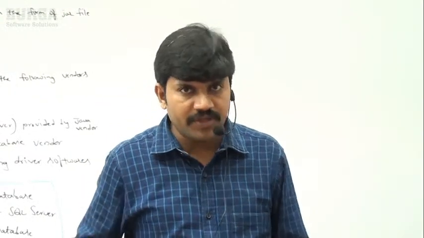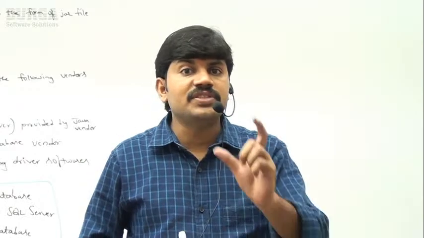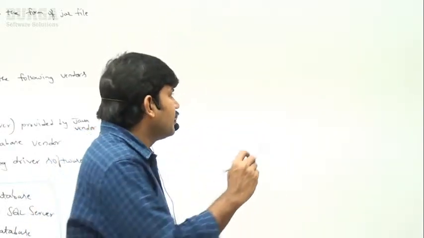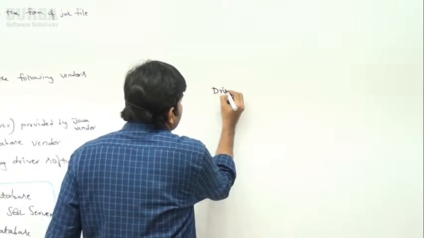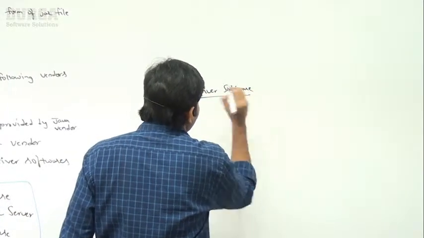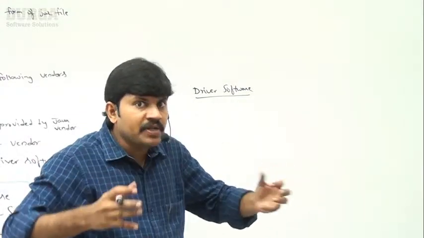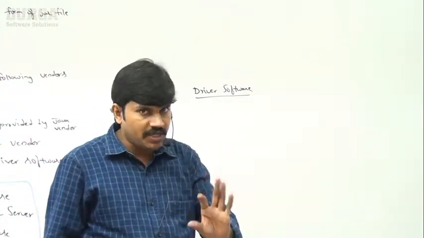Now, usually driver software is available in the form of jar files. Have you observed, right? What is driver software, sir? We covered it multiple times: a group of implementation classes of the JDBC API.